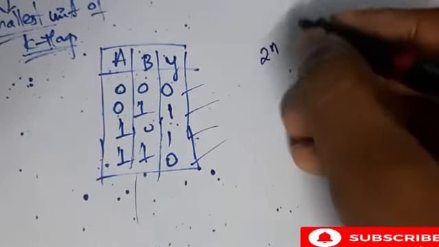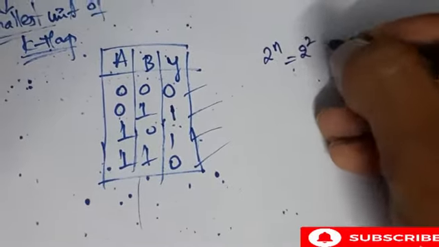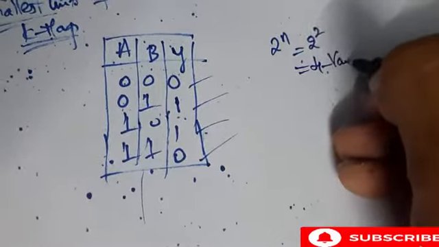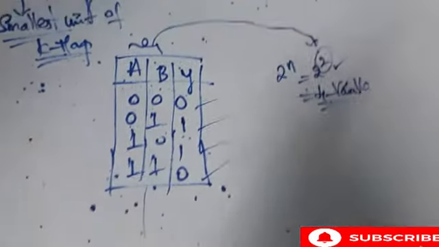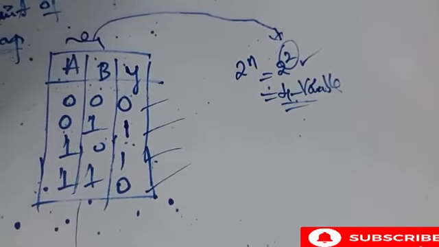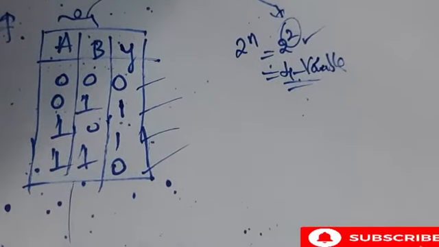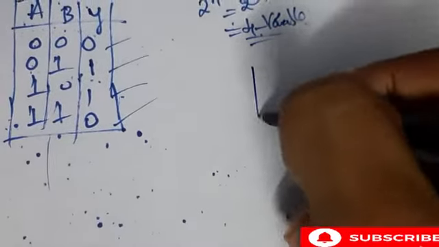That means 2 power n, here n is 2 inputs, A and B, which gives 4 output combinations. In the K map also you will get 4 cells, which means 4 boxes.